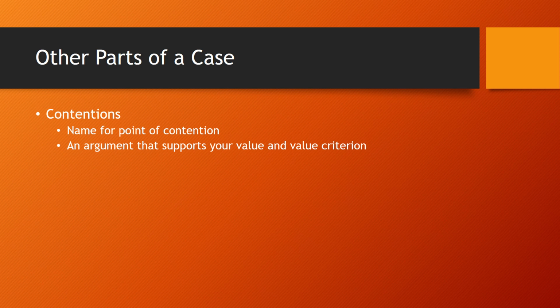So she has a value of health, she has a value criterion of stopping smoking, and her first contention could be cancer. She could have a second contention of the general harms of smoking.